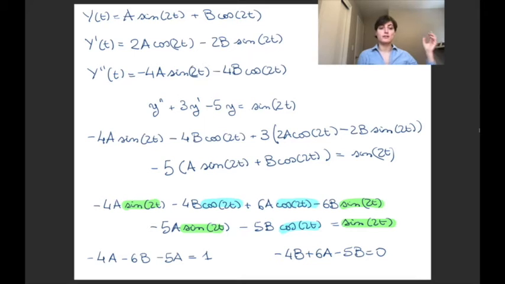So in this case, we have minus 4a sine of 2t minus 6b sine of 2t minus 5a sine of 2t equals sine of 2t, and we simplified sine of 2t away. And on the other, we have minus 4b cos 2t plus 6a cos 2t minus 5b cos 2t equals 0.